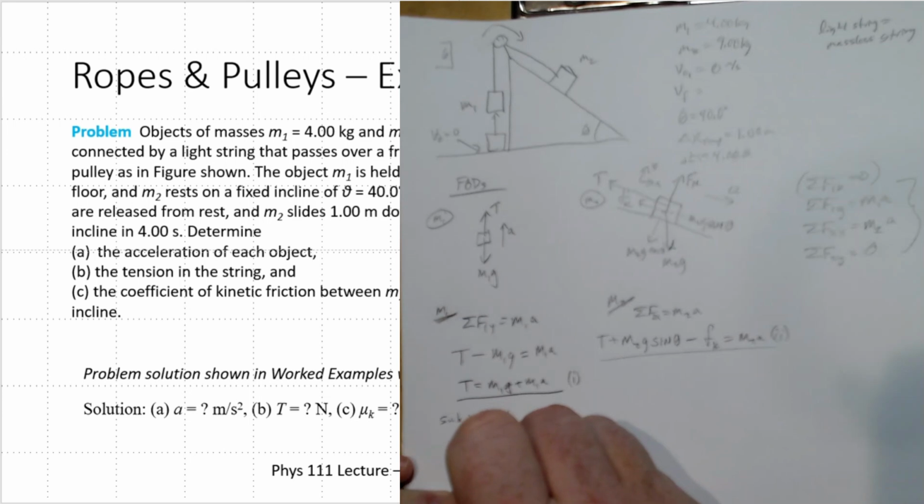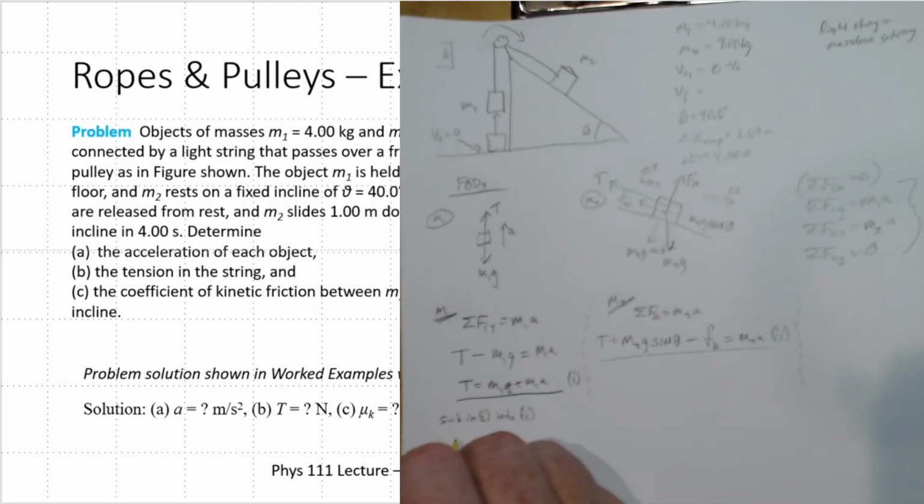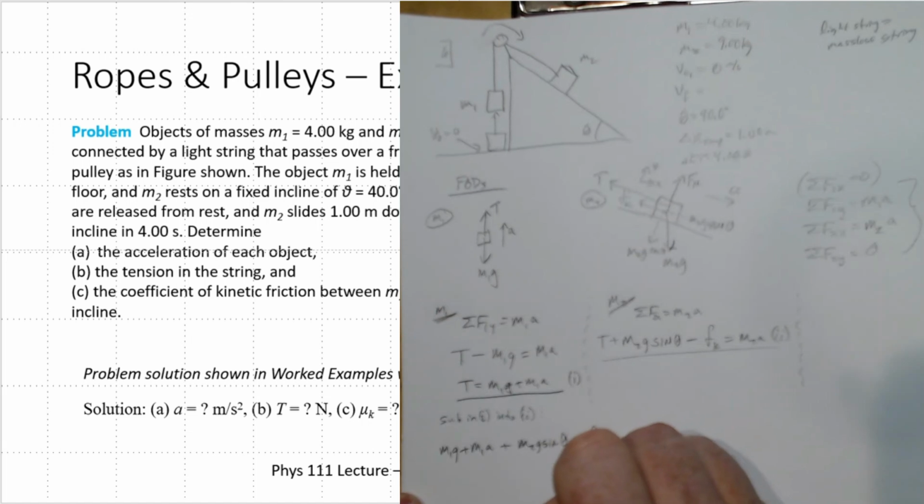Substituting 1 into 2, this becomes m1g plus m1a plus m2g sine theta minus f sub k equals m2a.